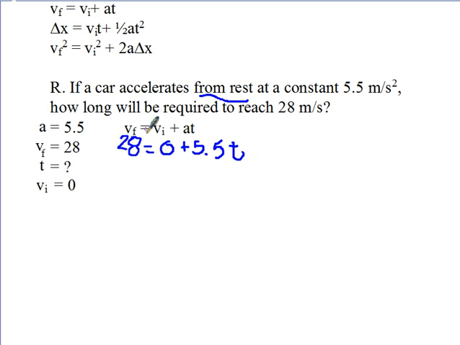Now, this far is as far as you need to show me. If you want to show me your work in solving for time, you may. But if it all happens in a calculator at this point, it's fine for you to show me nothing. Then your calculator tells you that 28 divided by 5.5 is 5.090909, and that's ridiculous.